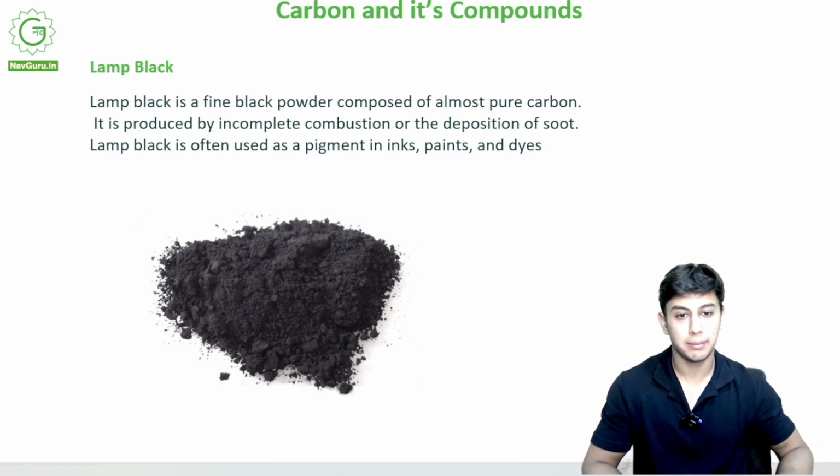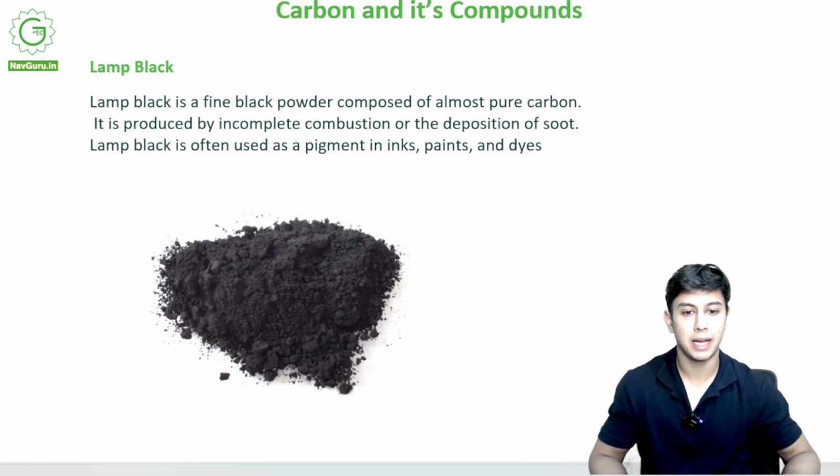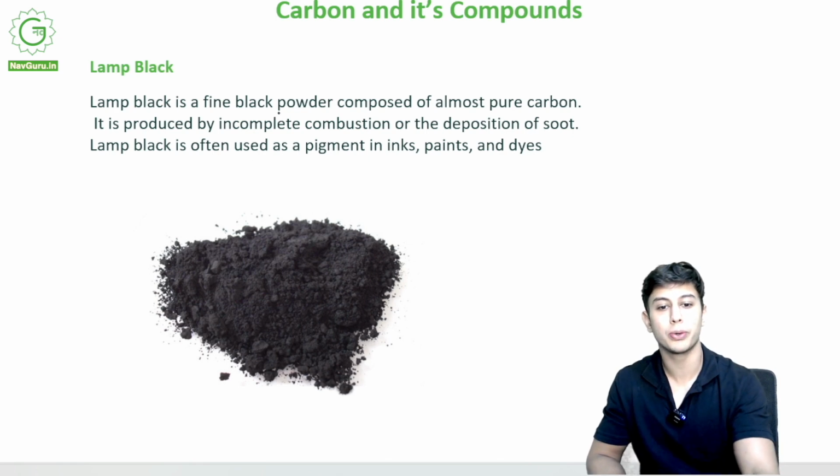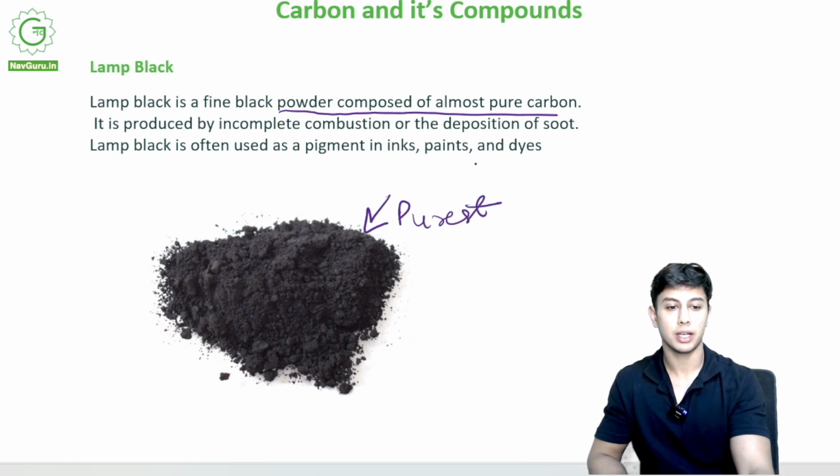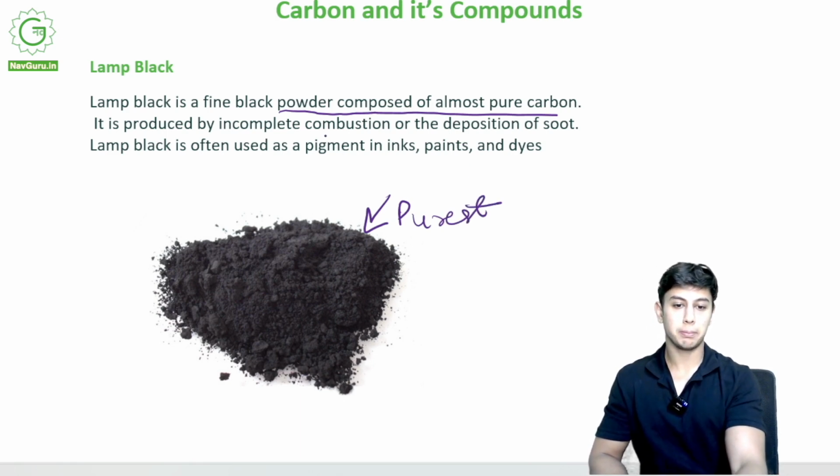Lamp black. What is lamp black carbon? Lamp black is a fine black powder composed of the purest carbon. This is carbon in its purest form. It is produced by incomplete combustion or the deposition of soot.